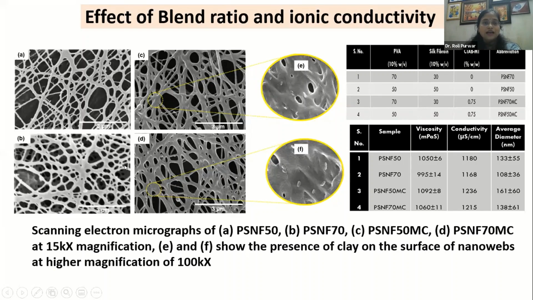When we combine tussar and silk to make blends, we get 3D nano web kind of structures using electrospinning. So ionic conductivity as well as the blend ratio will affect the overall structure in the case of electrospun fibers.